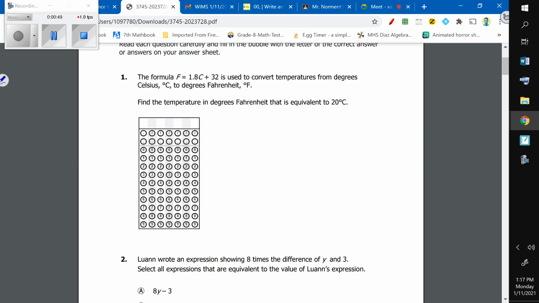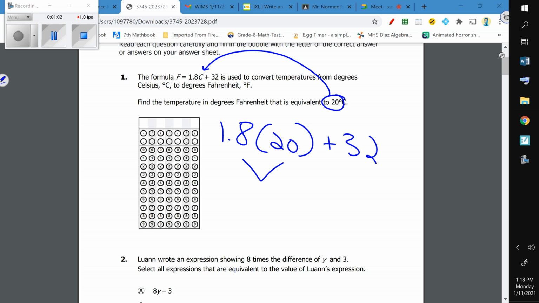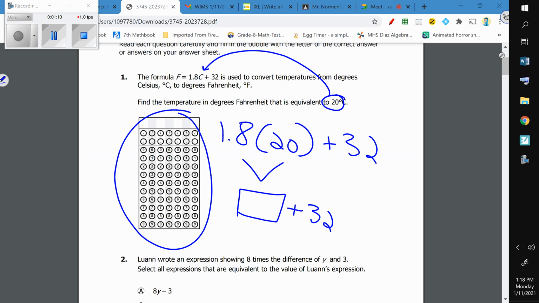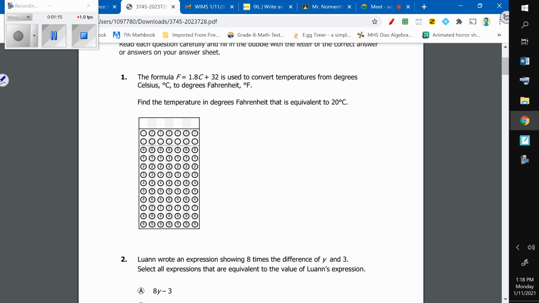So you're going to take this 20 degrees Celsius, I'm going to give you a little bit of a hint, and you're going to plug it in right here, and you are going to have to solve this equation. You're going to multiply these two first, you're going to get a number, and then you're going to add 32 to that number, and you're going to put it right here. If you need me to repeat that, then go back and rewind and listen to me say it again.